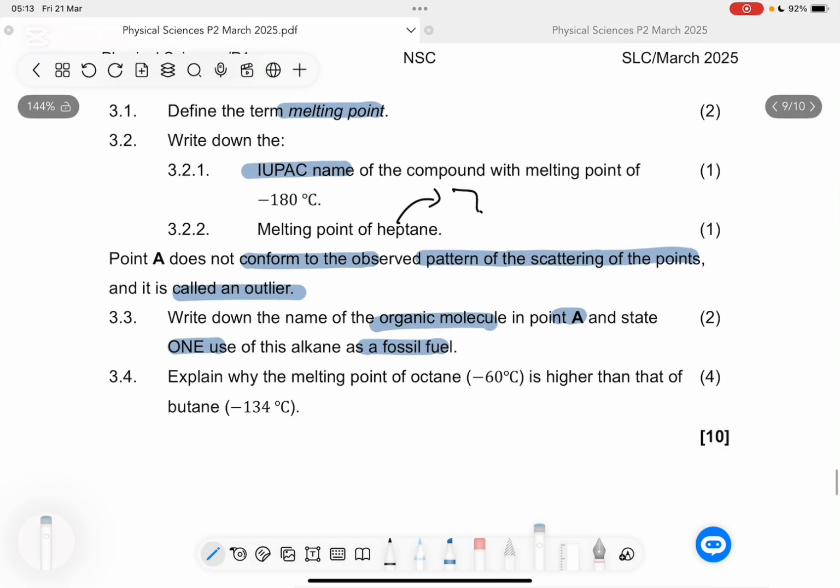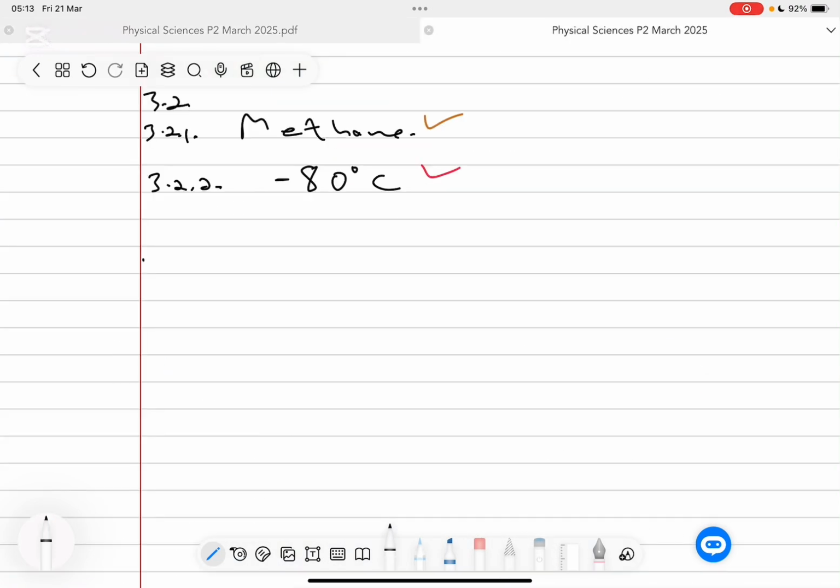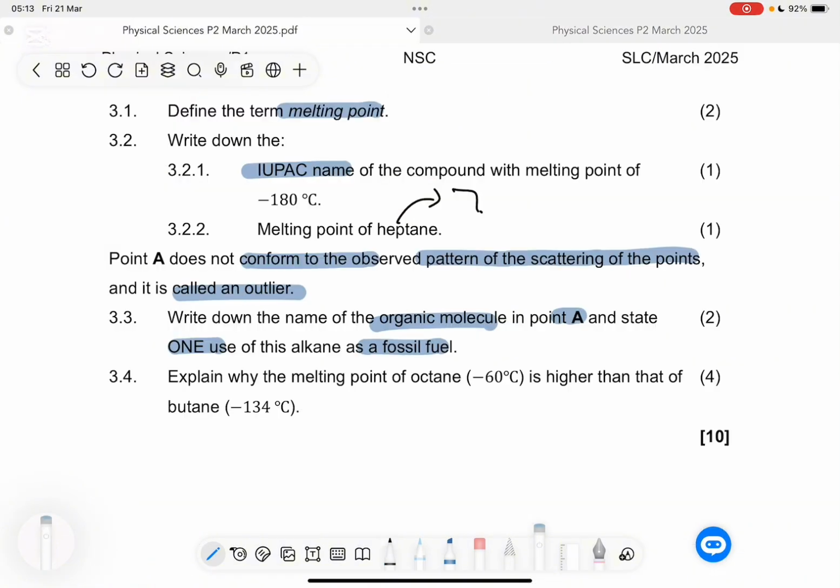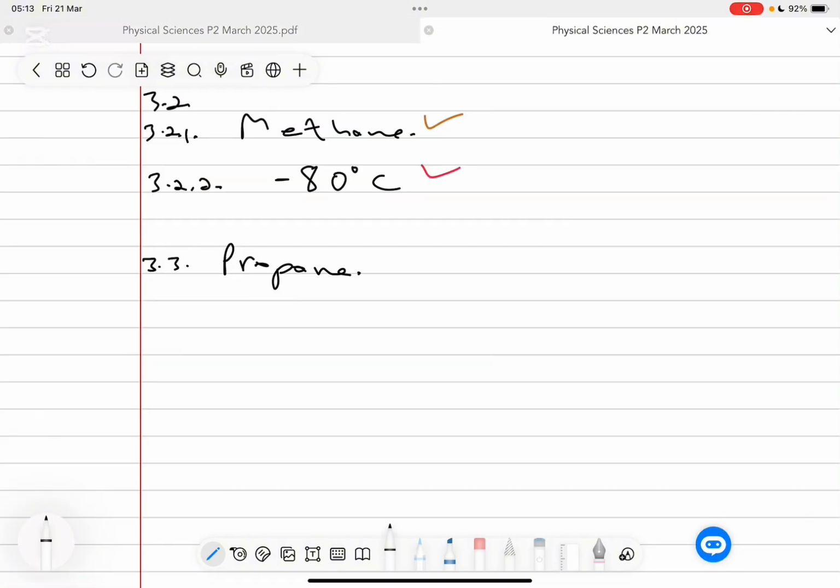We are on question 3.3, and we are saying that we have a propane. Now they say we should write one application of this molecule in real life, particularly as a fossil fuel. I don't know if you know this knowledge or not, but I'm going to share with you that the tanks that we normally would buy contain gas inside of them, and that gas we use for cooking.